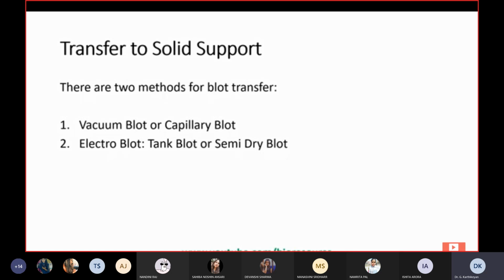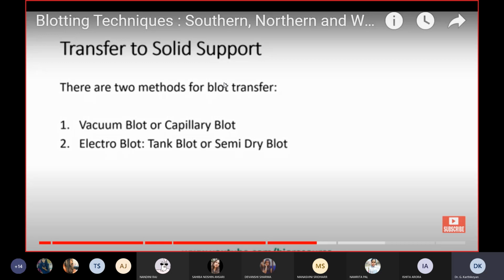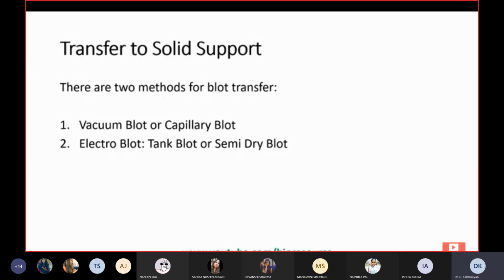There are two methods to transfer the molecules. The first method is to place the membrane on top of the gel that lies on a stack of wet filter paper, and then the pressure is applied by either suction, or by placing another stack of dry paper towel and a weight on top of the membrane and the gel.